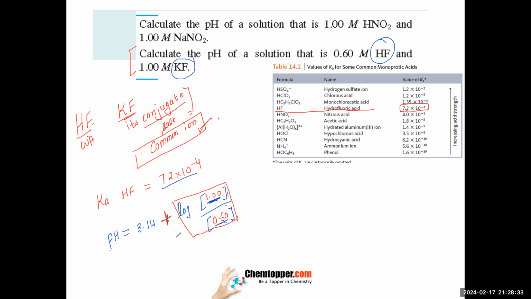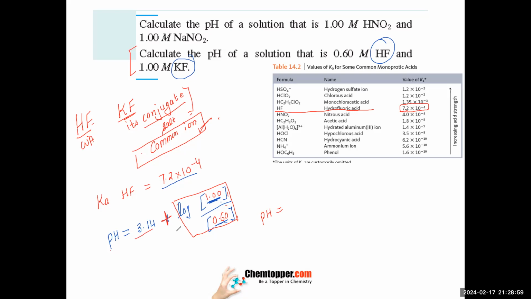What's the answer? What's the pH? Sanjana is giving us 4.81, children. Is it correct? You can see that 4.81 is definitely greater than 3.14.